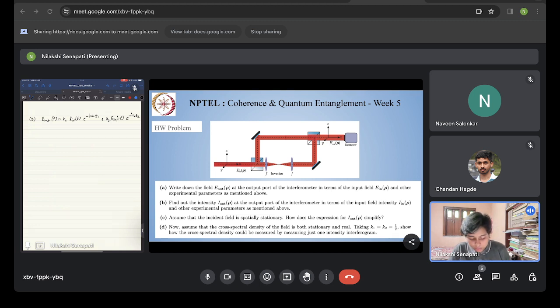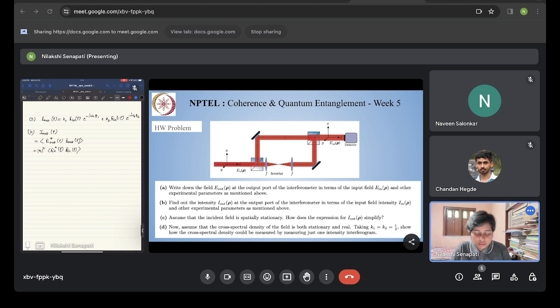Now part B, it is I output rho, which is like the azimuth, the average, or ensemble average, of E star out rho E out rho, it will become k1 square E in star rho E in rho.